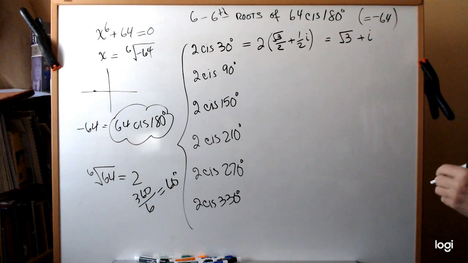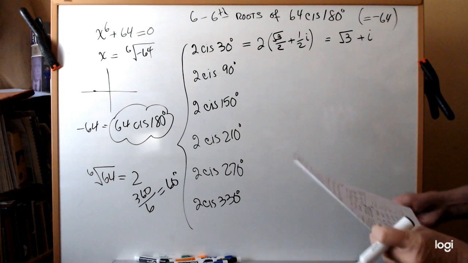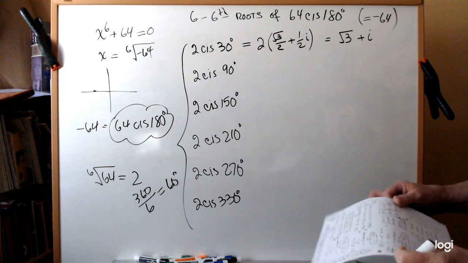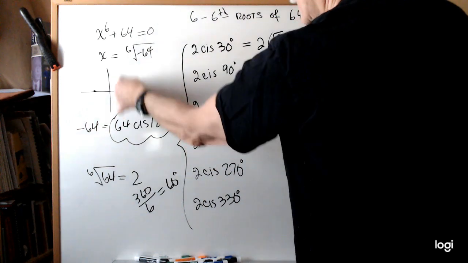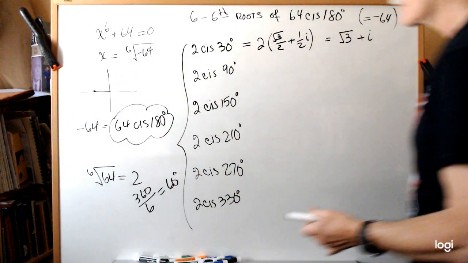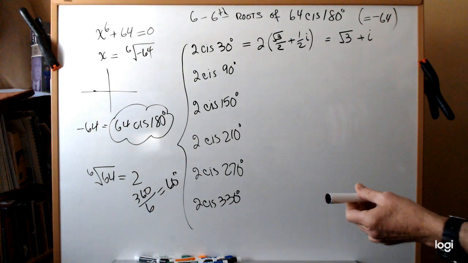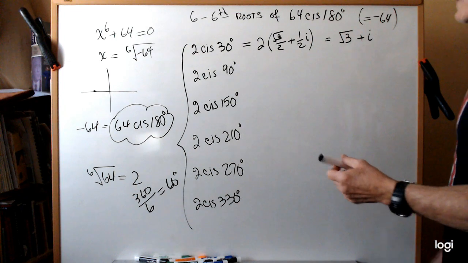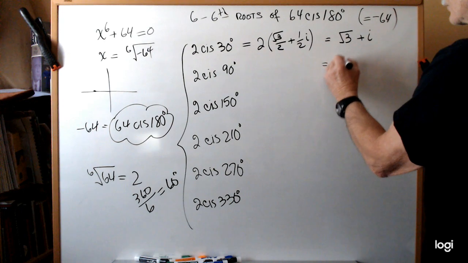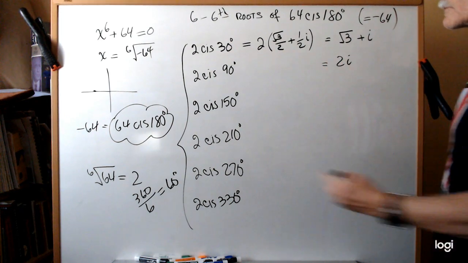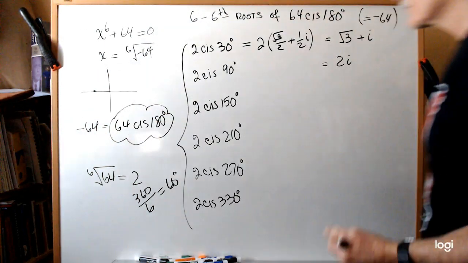And that will be the first of our roots in a plus bi form. Okay, 90 degrees is a quadrantal angle. We know it's just i, so 2 times that would give us 2i, because it's right on the i axis.